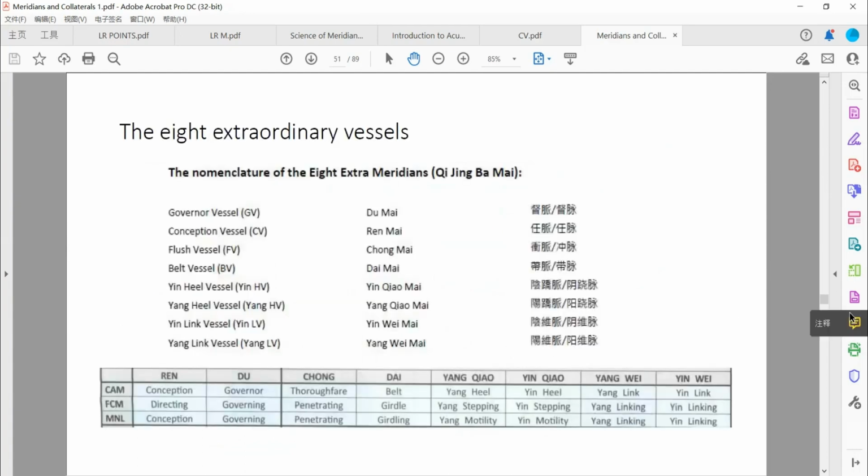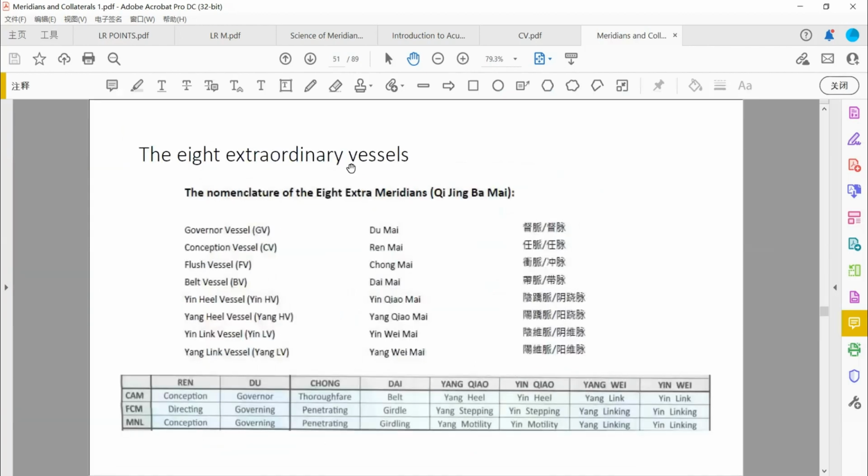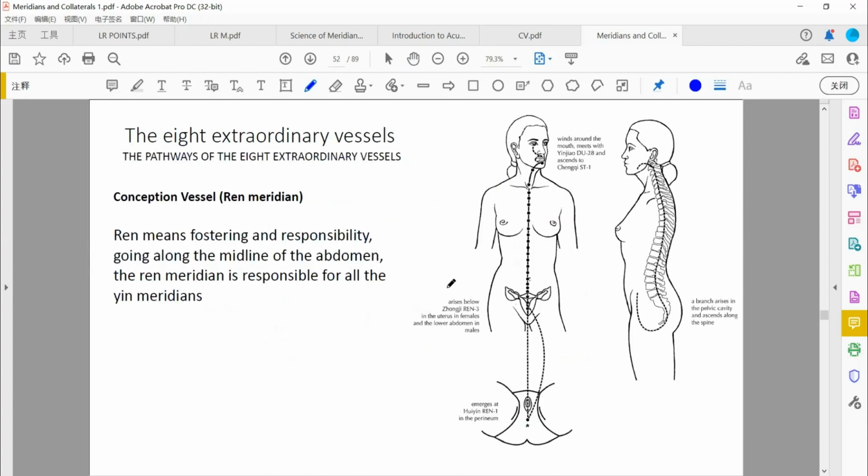Yeah, the 8 extraordinary vessels. Only GV and CV, governor vessel and conception vessel, have points. The rest just borrow points from the other 12 main meridians. See the conception vessel.